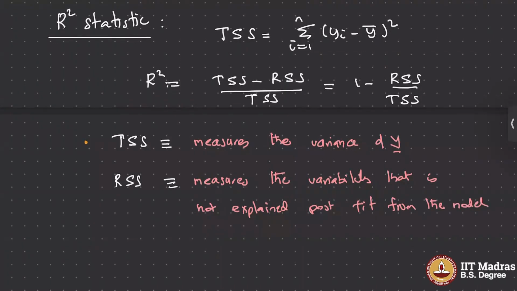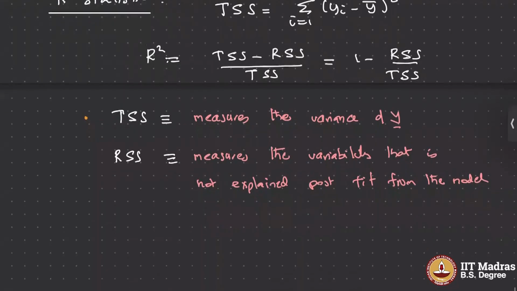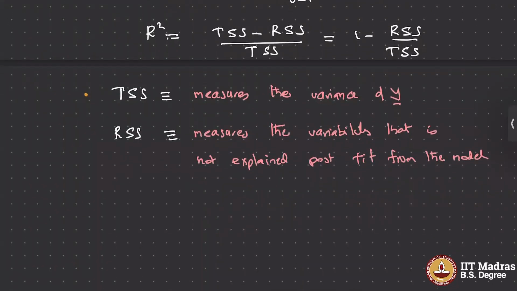So TSS minus RSS, what does it measure? It measures the amount of variability in the response that is explained or removed by performing the fit.